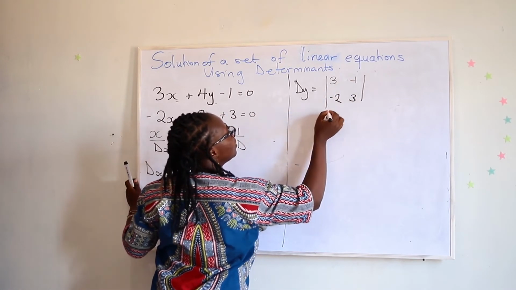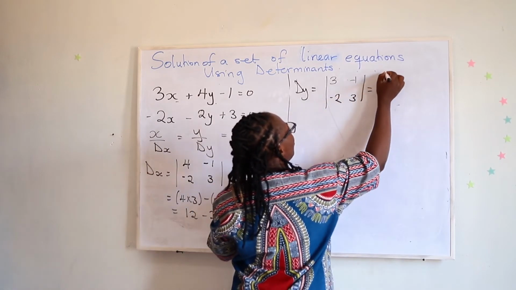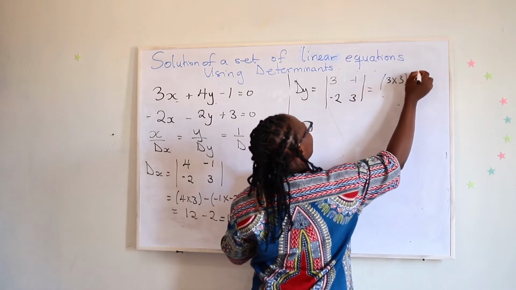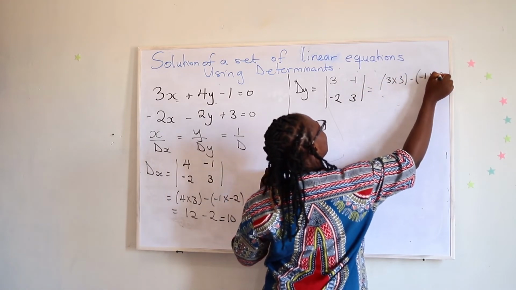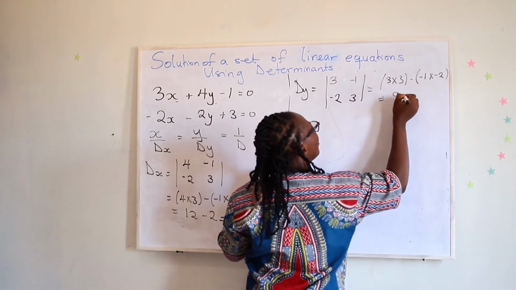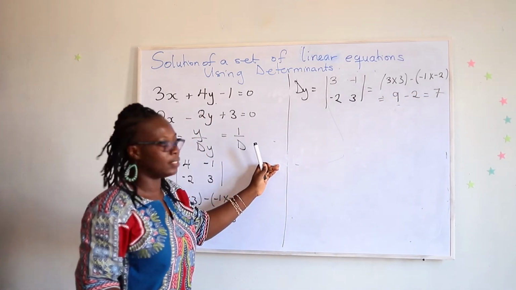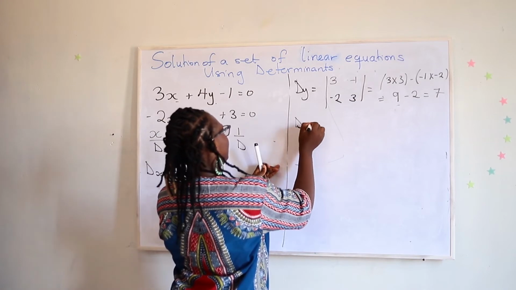Okay, let's find the determinant, which is going to be 3 times 3 minus minus 1 times minus 2, which is 9 minus 2, which is equal to 7.